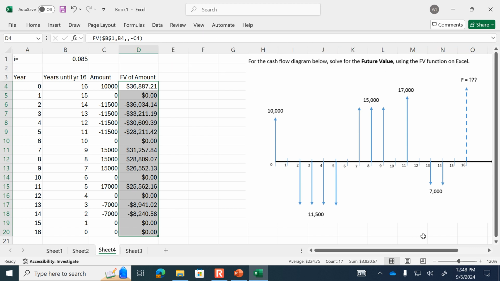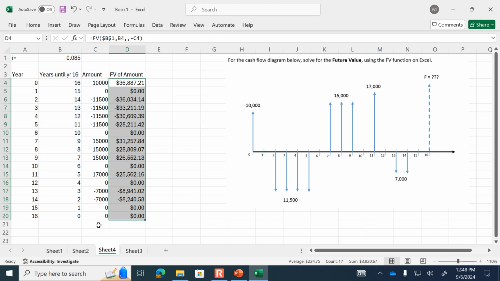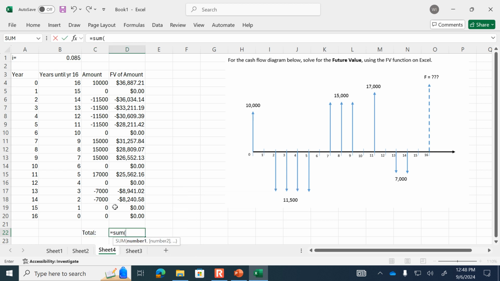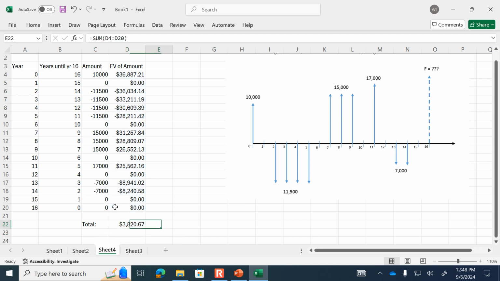And I want to know what is the sum total of the future values. So equals the sum of all of these individual contributions to the sum future amount. And so let me put in my note to the grader. Answer.